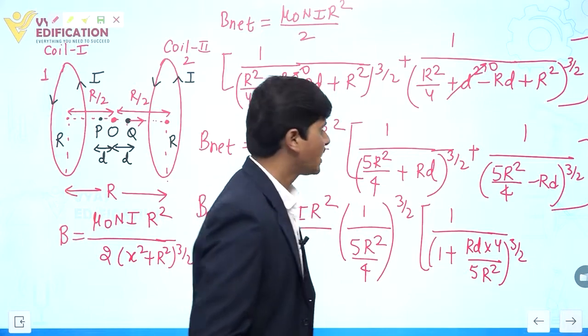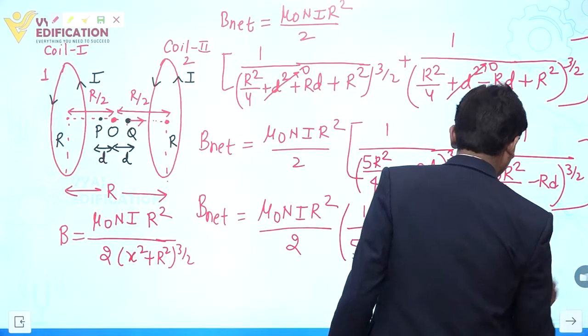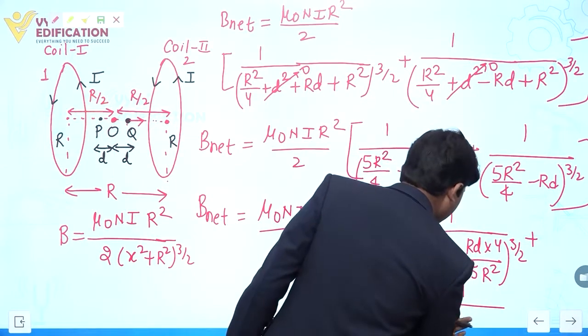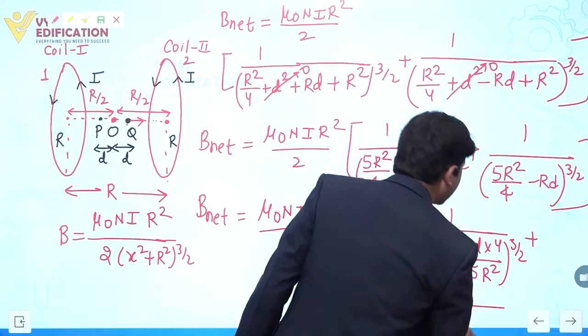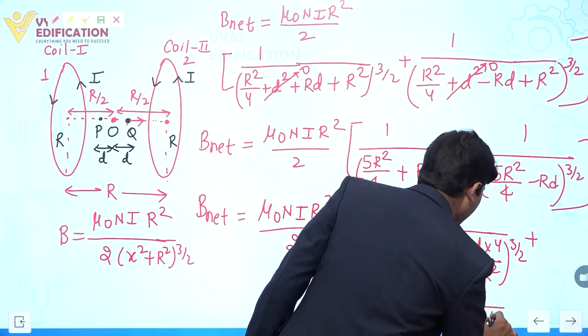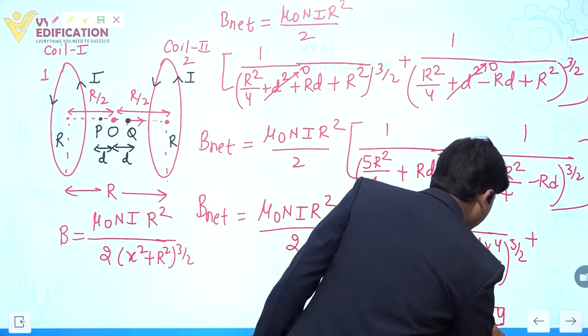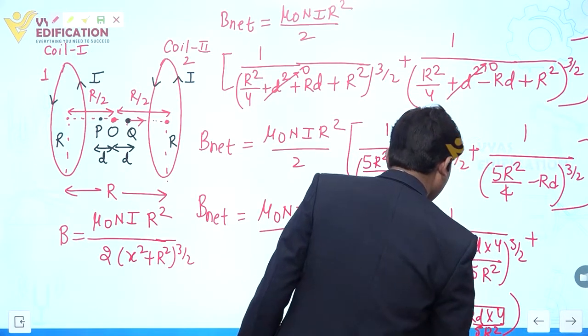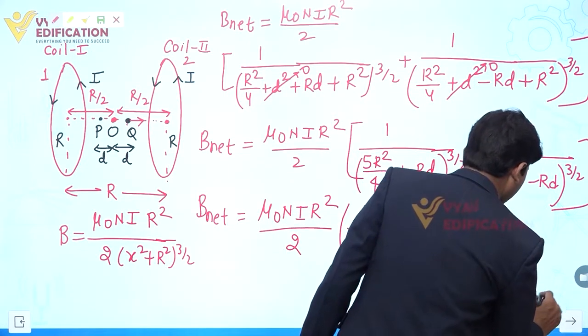Same, I can say here plus 1 upon 1 minus rd multiplied by 4 divided by 5r square, and here we have power 3 by 2.